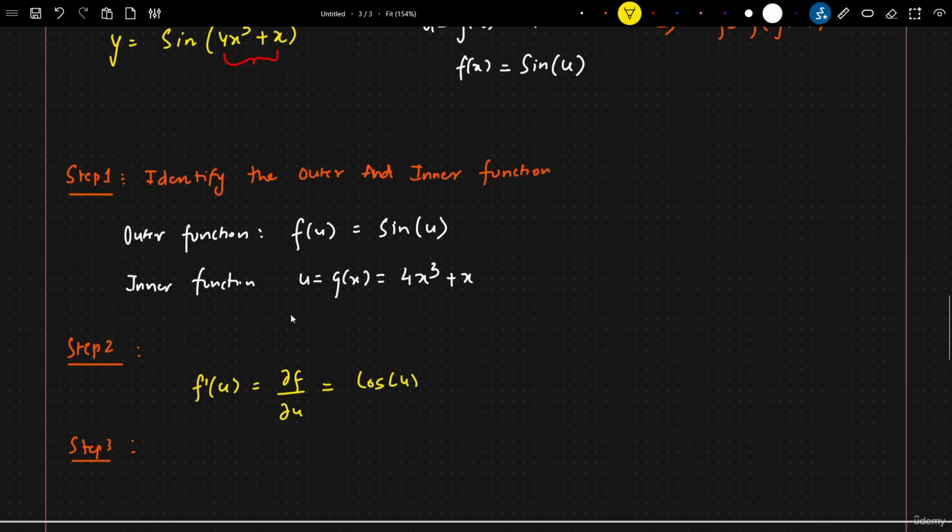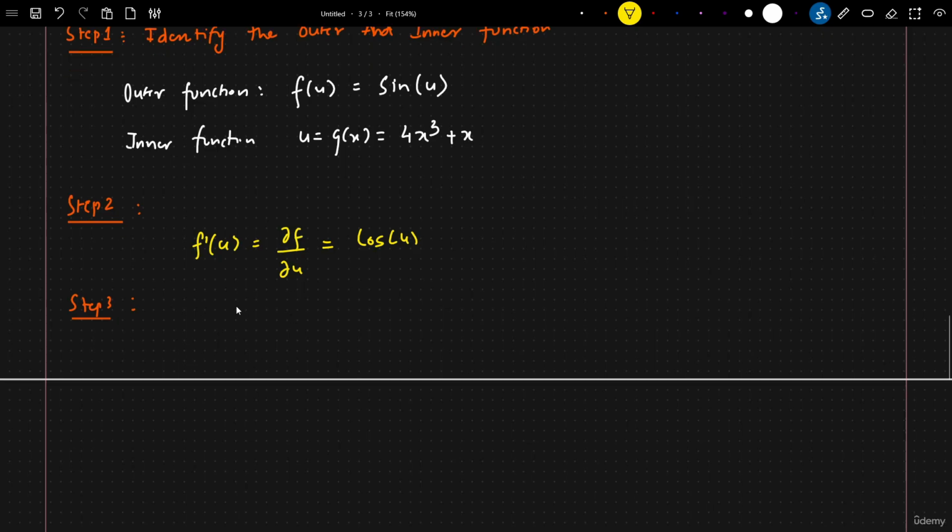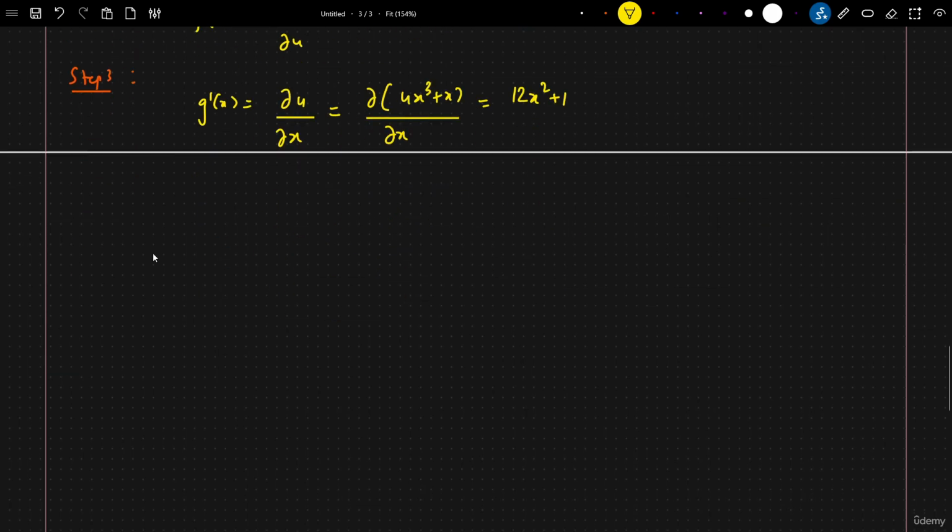Okay. Now similarly, in the inner function, I can go ahead and write g dash of x, which is nothing but derivative of u with respect to derivative of x. U, you know what it is. It is nothing but 4x cube plus x differentiated with respect to x, which is nothing but 12x square plus 1, right?